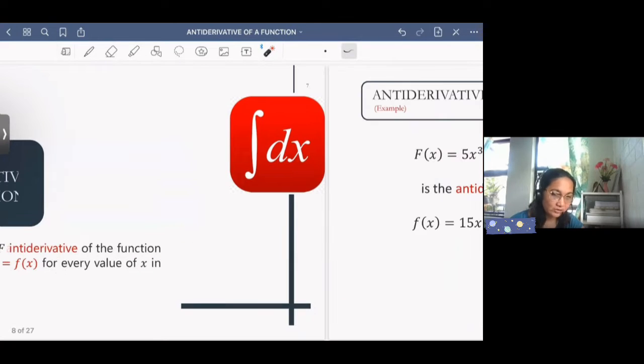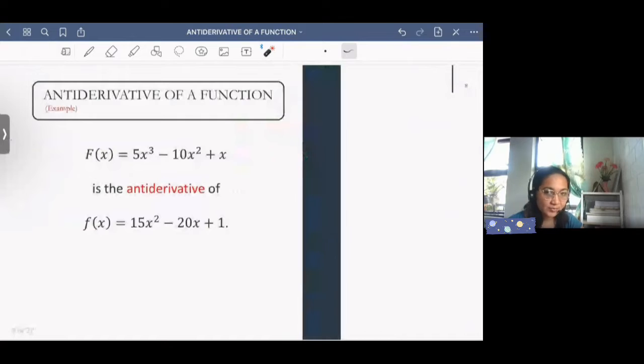So let us go back to the previous example earlier. We have the uppercase f of x equal to 5x cubed minus 10x squared plus x. And we say that its derivative is small case f of x equals 15x squared minus 20x plus 1.